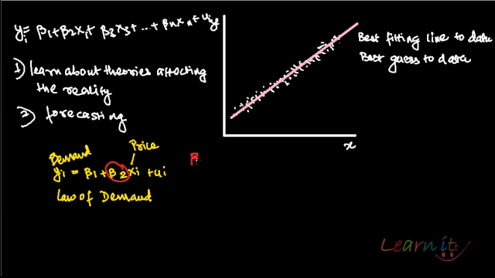You would know it from theory, and you would try to empirically test whether this is true or not. Fine. So one is that, and this is pervasive.